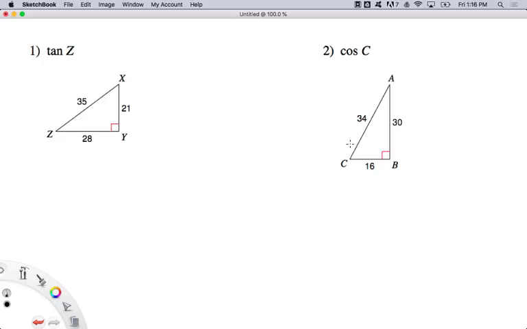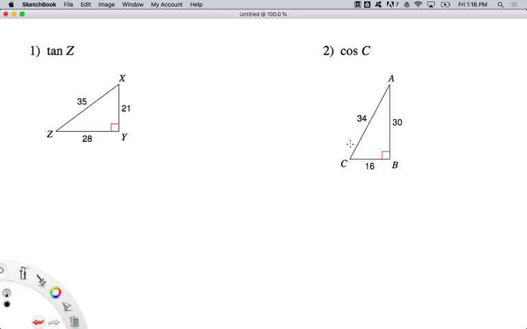If I do not have right triangles, then I don't use sine and cosine. I use law of sines or law of cosines. So the clue that I'm using sine and cosine is that it's a right triangle. The clue that I'm using law of sines or law of cosines is that it's not a right triangle. That's an important point.